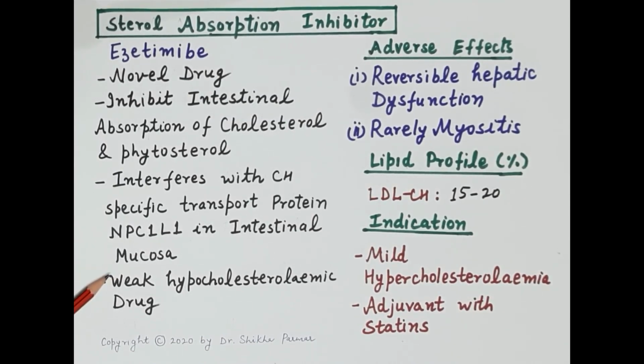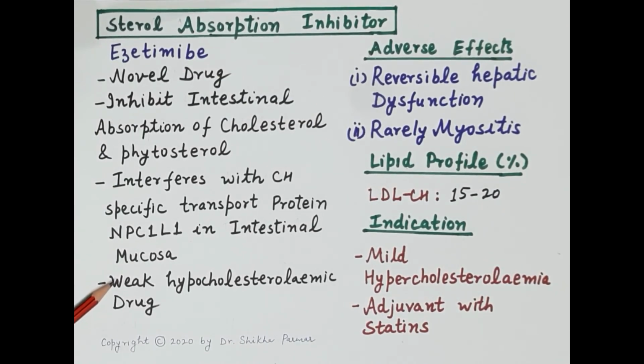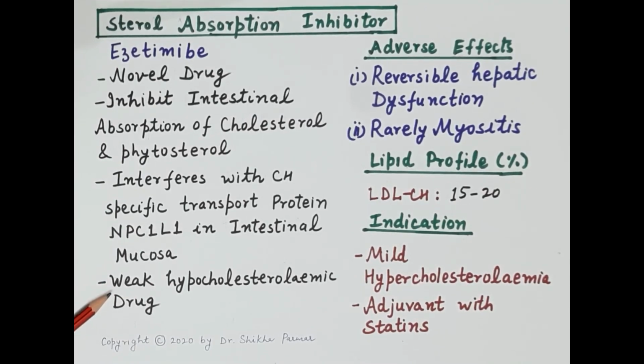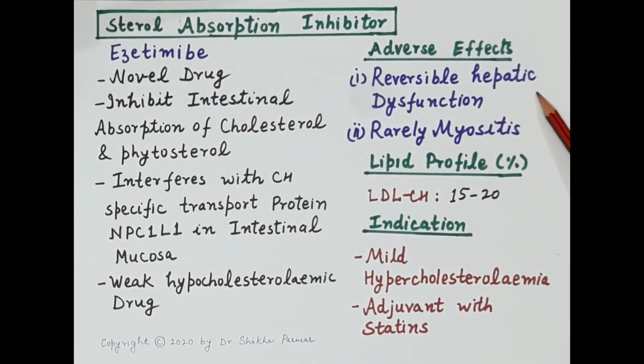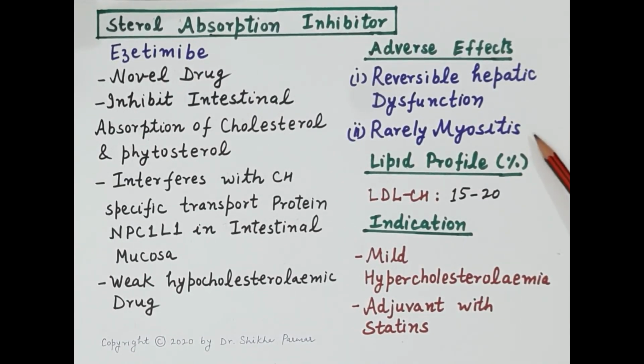However, it cannot reduce LDL cholesterol level by more than 15 to 20%, and therefore the drug is a weak hypocholesterolemic drug. When we talk about the adverse effects, this drug can produce reversible hepatic dysfunction. It can produce myositis, but that is rare.